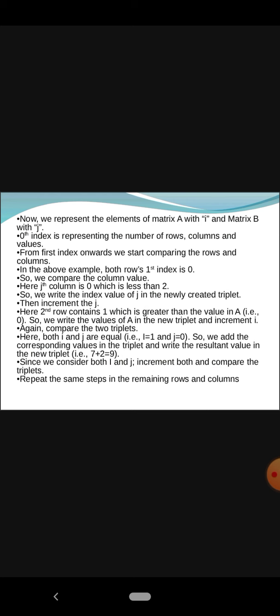Okay, since we consider both I and J, increment both and compare the triplets and repeat the same steps in the remaining rows and columns. So we can conclude that since we cannot put the value prior to the addition operation, we write it after we completed the reading of I and J.